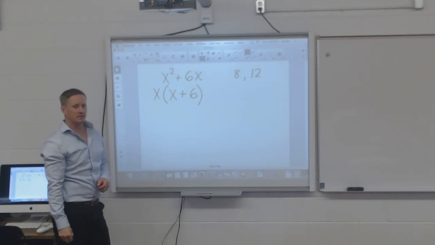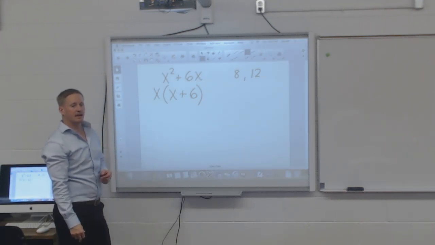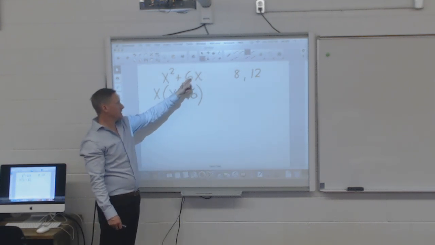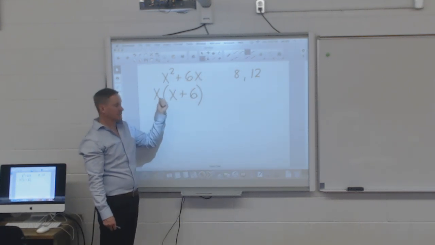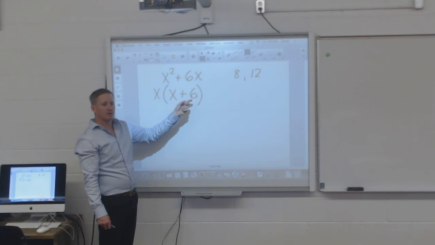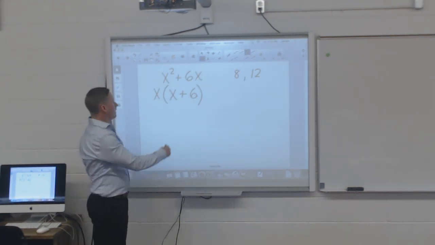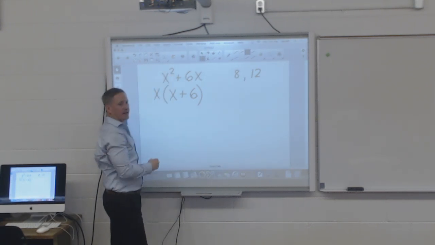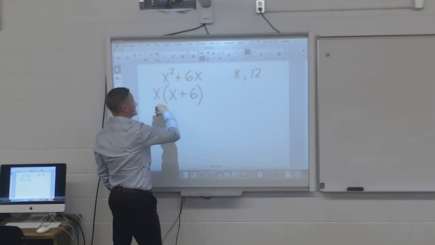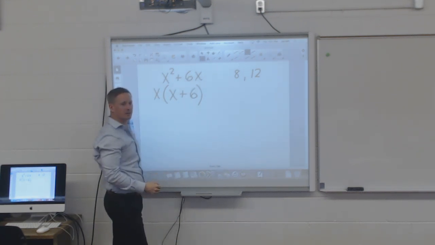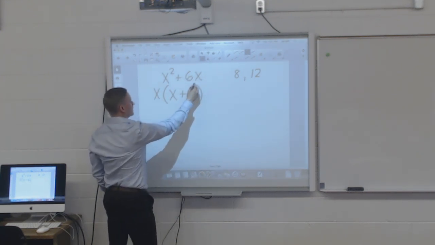What's x divided by x? It's something. What is it? 1. So when I divide this 6x by x, what am I left with? 6. Just 6. Now look at it a different way. What do I times this x by to get to x squared? X. What do I times this x by to get to 6x? 6. So that's what I'm left with.